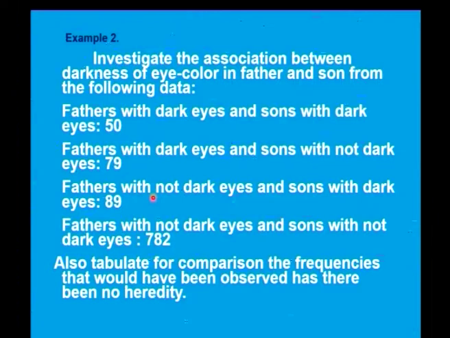One is darkness of eye color in father, let us define that as A, and then darkness of eye color in son, we will define it as attribute B. The data given as 50, 79, 89, 782 we have to mathematically convert: fathers with dark eyes and sons with dark eyes. A represents fathers with dark eyes and B represents sons with dark eyes.